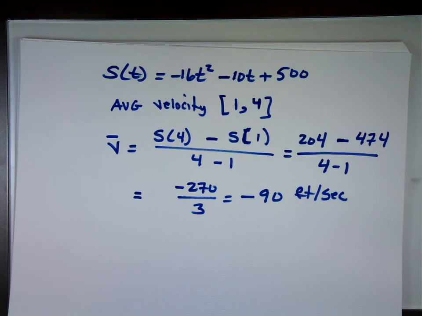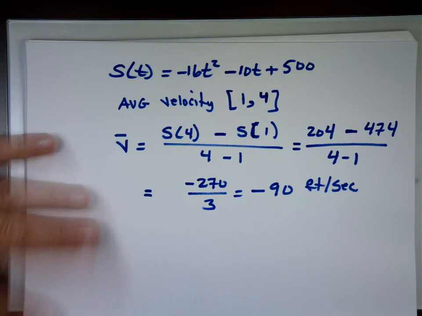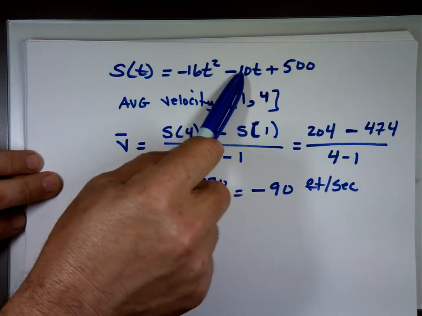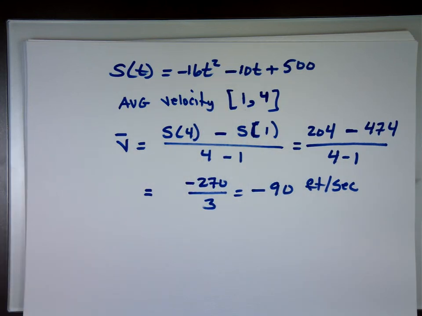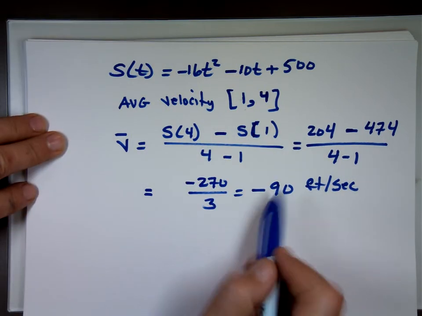Different problem. I also took that balloon and I gave it initial speed in this direction of 10. So it will move faster. But the average speed, which we know changes from spot to spot, over that period from 1 to 4 seconds, we were dropping at the rate of 90 feet per second. That's what that means.